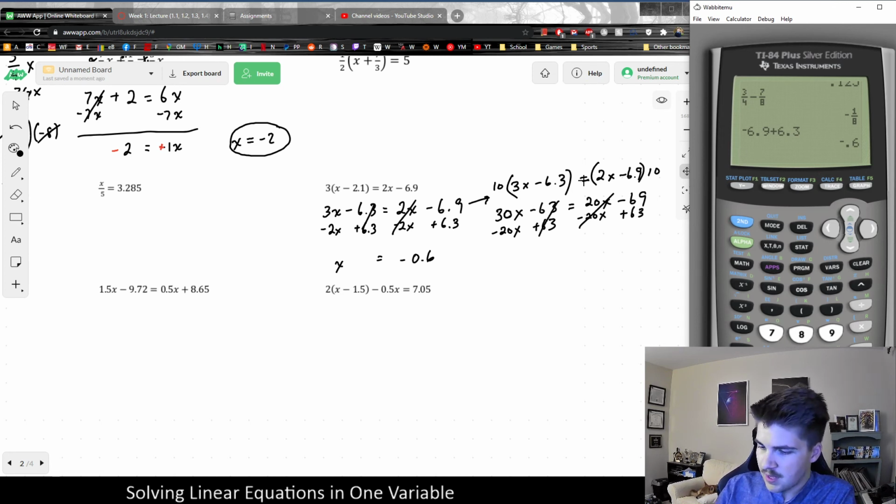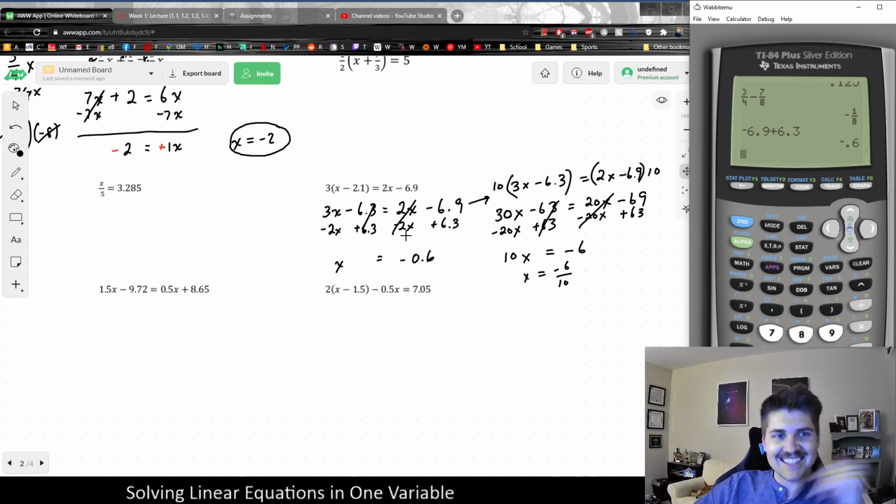That would leave me with 10x is equal to negative 6. And then if I were to divide both sides by 10, I could cancel out the coefficient, which would leave me with negative 6/10, which is equal to negative 0.6. So anyways, we get the same answer, but that's what we call the trick for getting rid of decimals, multiplying by powers of 10.